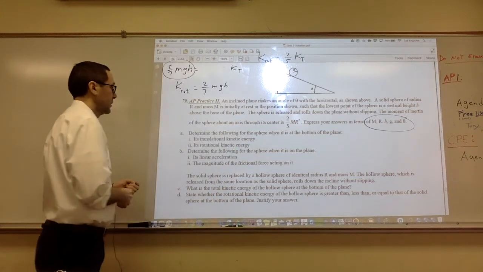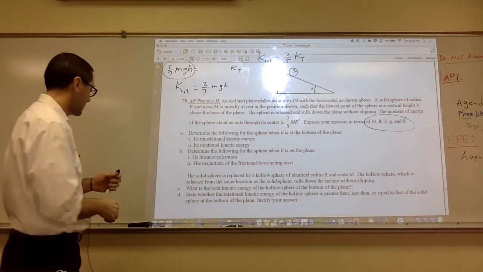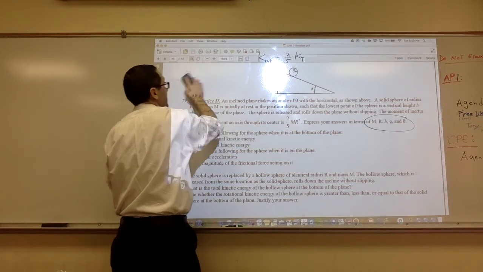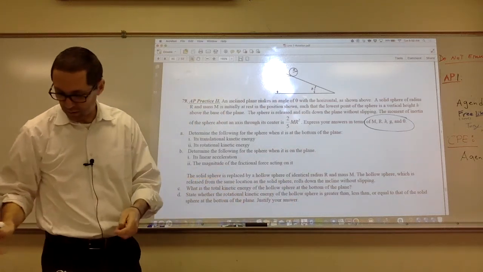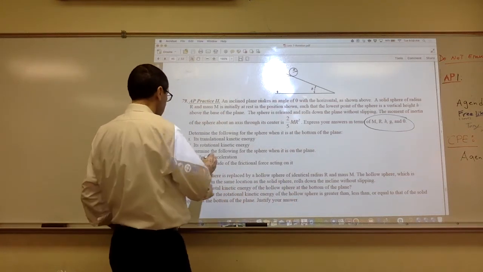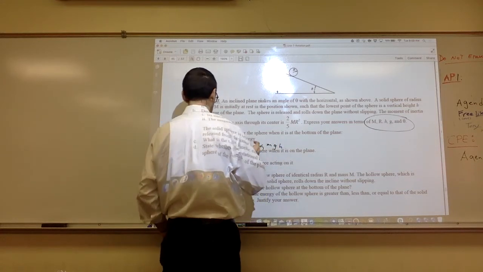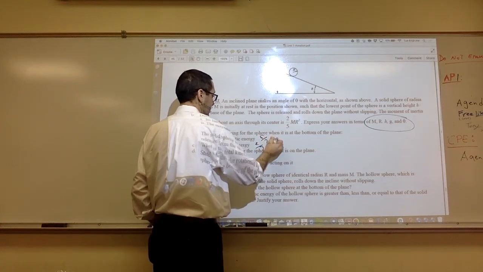Determine the following for the sphere when it is on the plane. So if it's talking about acceleration, we're not going to use the energy. We're going to use equilibrium dynamics. So let me just say that the rotational kinetic energy here is 2/7 mgh, and the translational, we said, is 5/7 mgh.